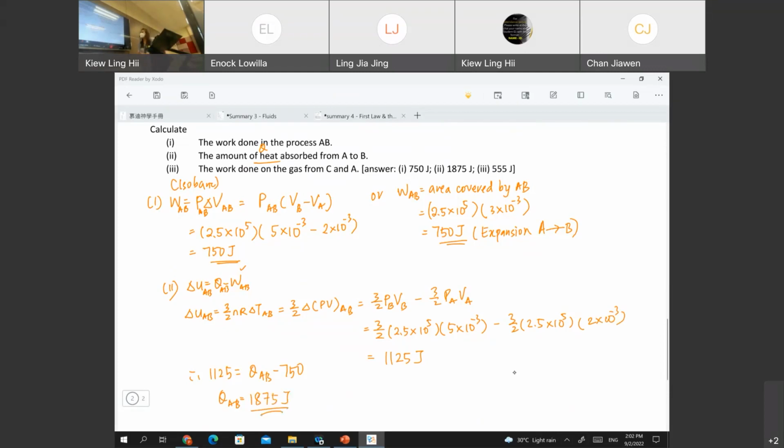Once you have found delta U, replace the values into the first law of thermodynamics to look for your Q.